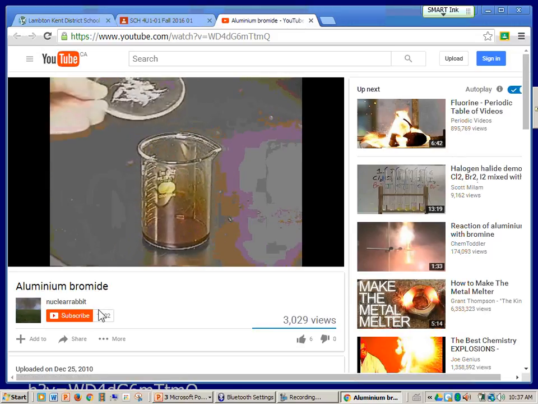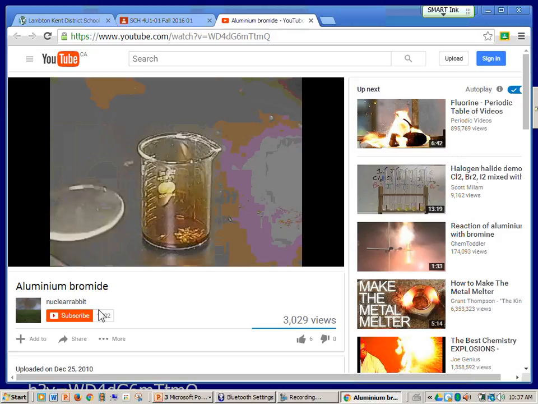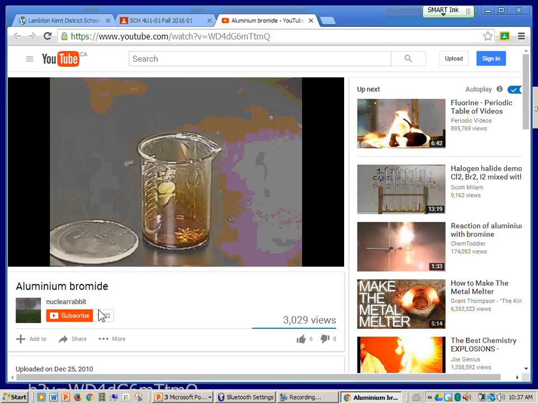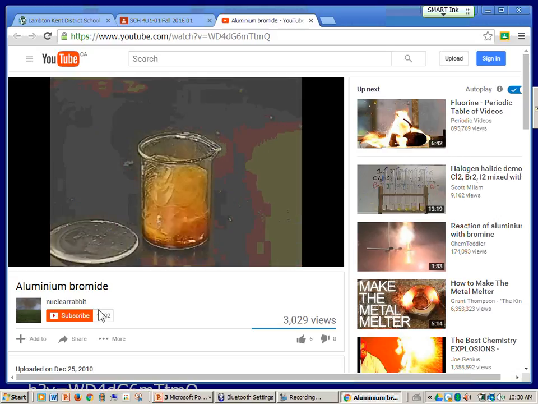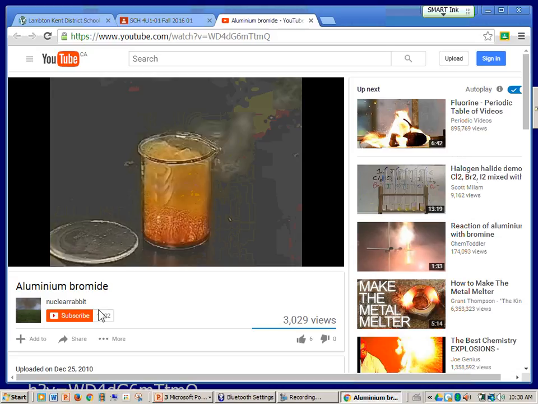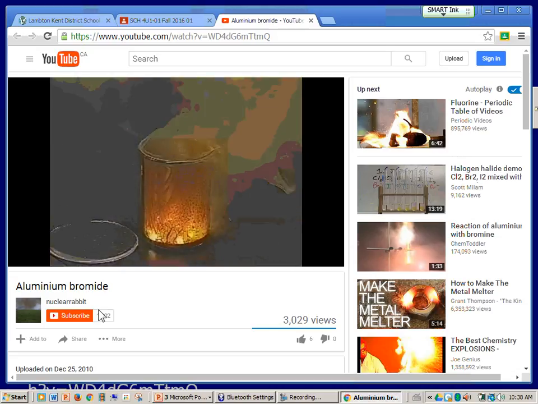So there they're putting little bits of aluminum just into some liquid bromine. Remember, bromine's a liquid. No heat is required for this reaction. It spontaneously reacts. There you can see some white powder or smoke coming out. That's the aluminum bromide. Here you can see the liquid droplets of the bromine falling back into the beaker as heat is produced.